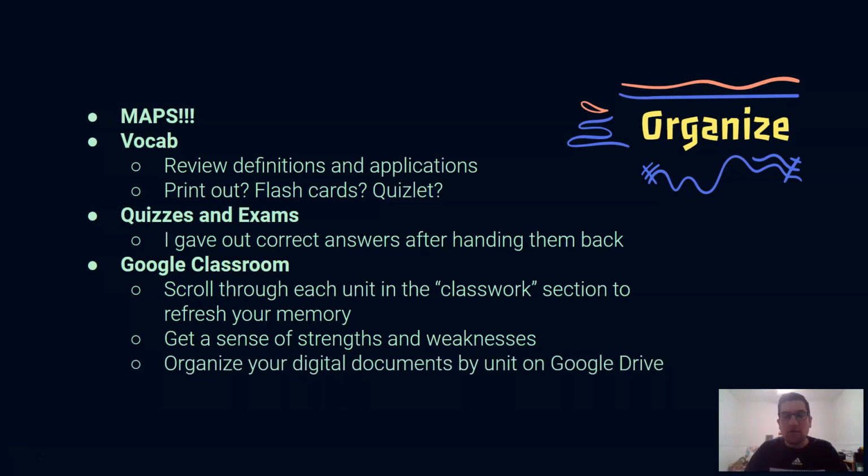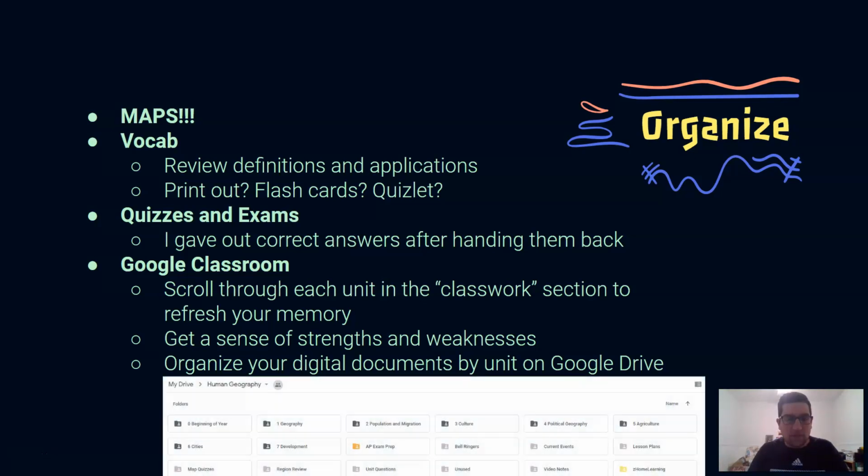And finally, even if it's just somewhat informally, start organizing your digital documents. This isn't the most ideal, but if you just have to throw it all in a human geography folder, you can do that. This is my human geography folders on Drive.